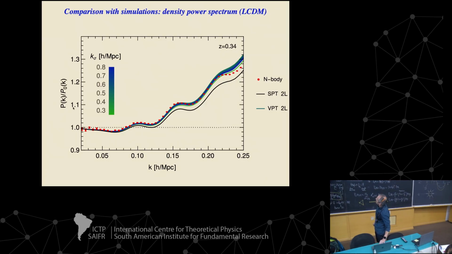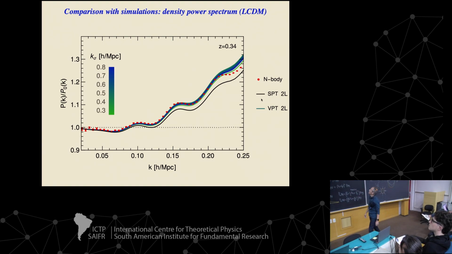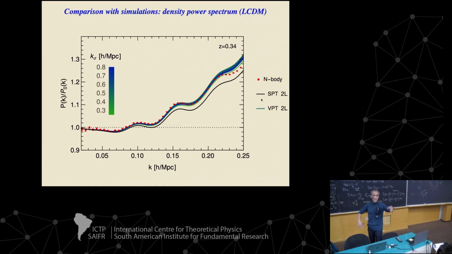So this is a nonlinear spectrum divided by the linear one, so you can see the difference as well. The symbols are the N-body simulation, right? The black line is the standard perturbation theory, which is what I described in this course, okay? And I told you once you go to two-loop, there is this bad boy, this P15, right?